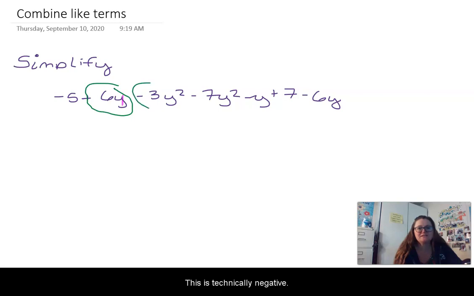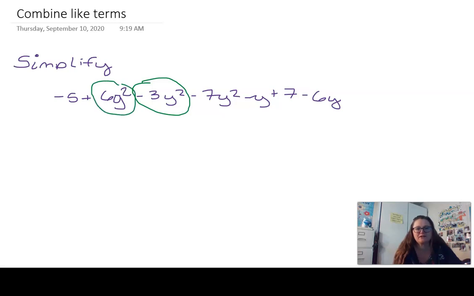This is technically negative 3y squared. Oops, I accidentally deleted my squared symbol there. Let's put it back. So we've got 6y squared and negative 3y squared and negative 7y squared are all y squareds.